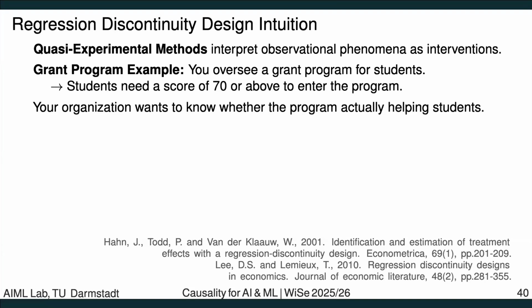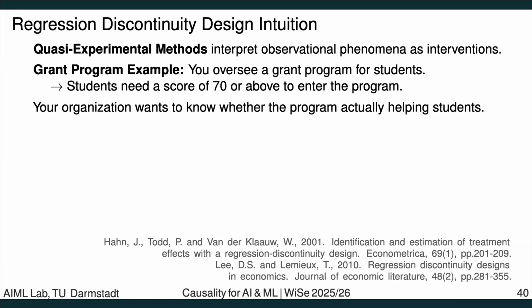Basically they tell us, okay, I already have some observational data set, but can I find some conditions, phenomena or decisions in this data set which I could see or interpret as if they were an intervention.